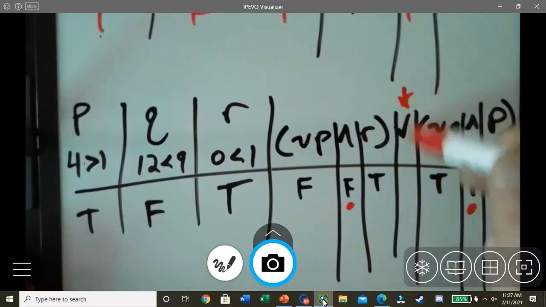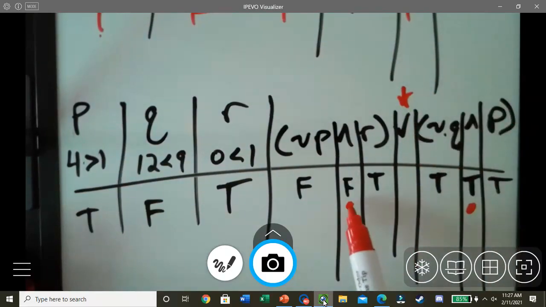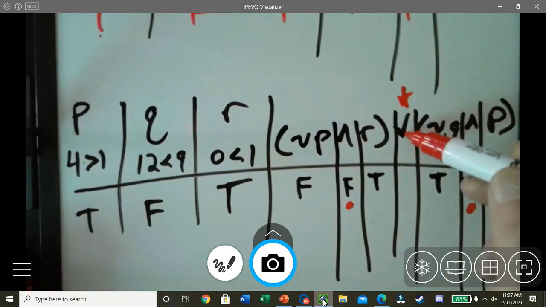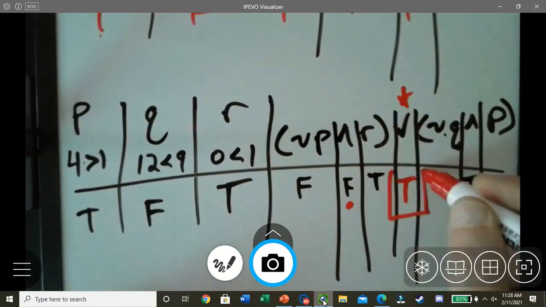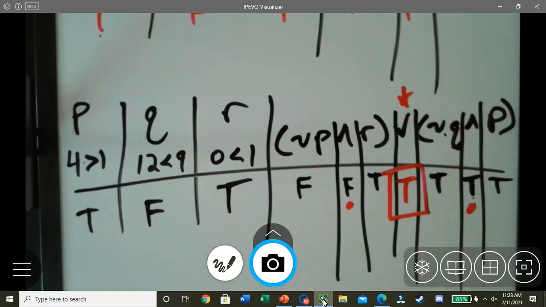So this is your final answer here. We're saying false, but is this "or" or "and"? Or. False or true is true. Good. Okay, and that's your answer right there.